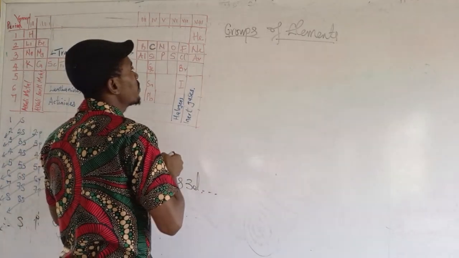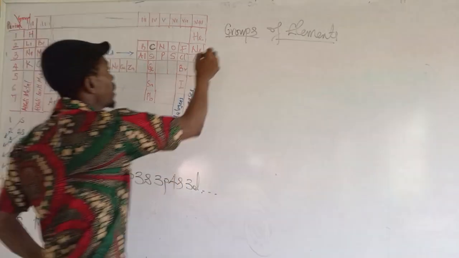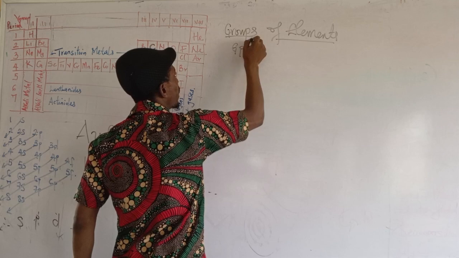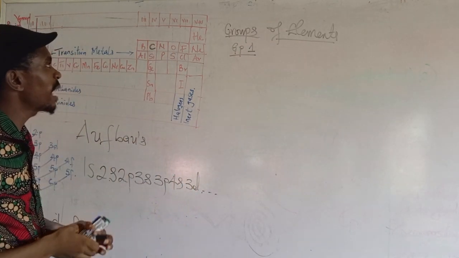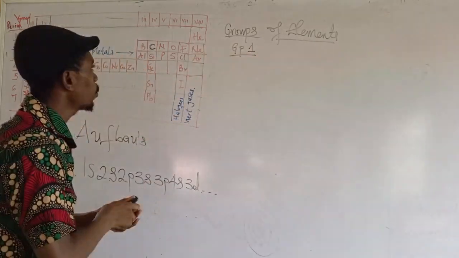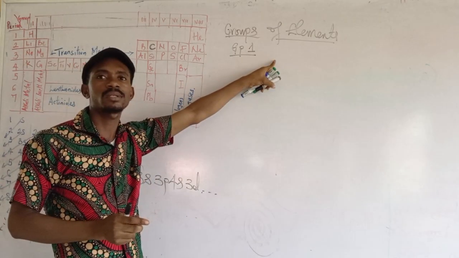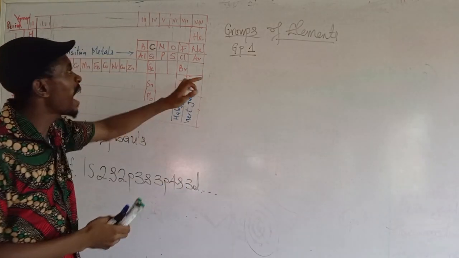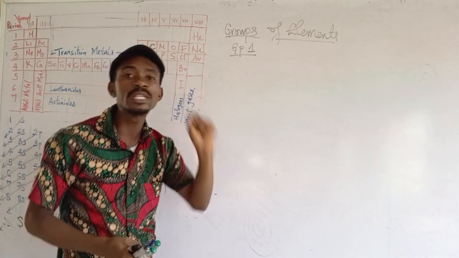Now, the elements are divided into groups or families, and there are 8 groups. The first one is group 1. Group 1 elements are also known as alkali metals. They are all metals. So what are their properties? One, they are all metals. Two, they are strong reducing agents, because all metals are reducing agents.